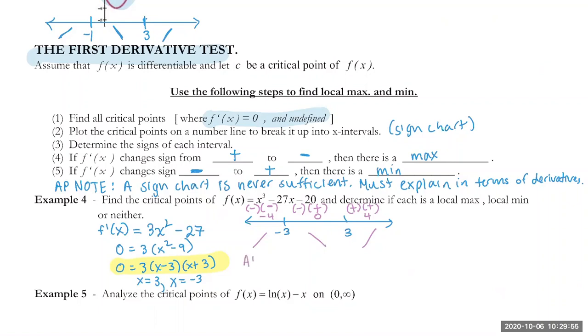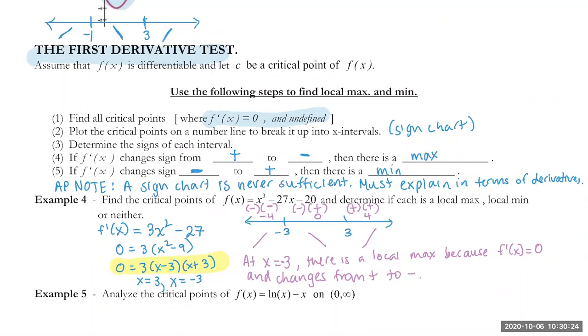So I would say at x equals -3, there is a local max because f prime of x is equal to 0 and changes from positive to negative. You guys, this is sufficient.